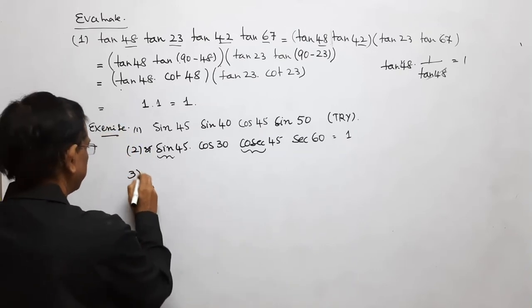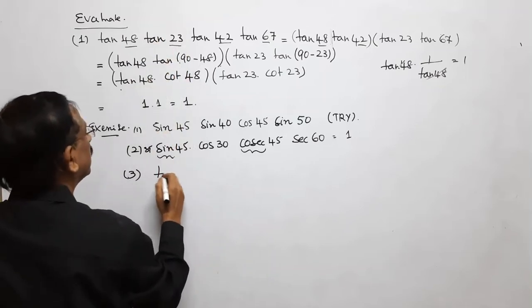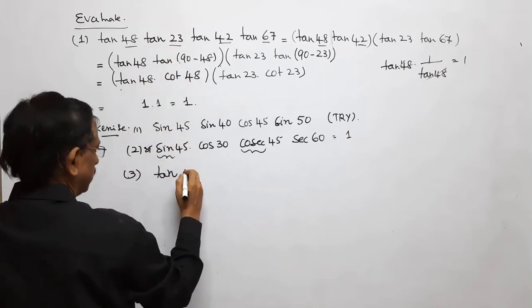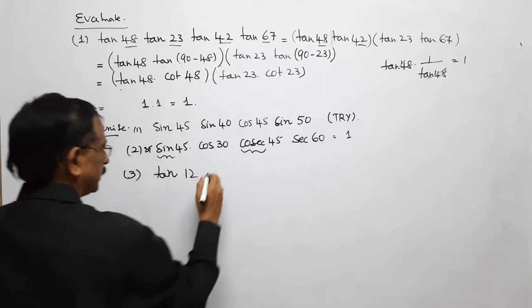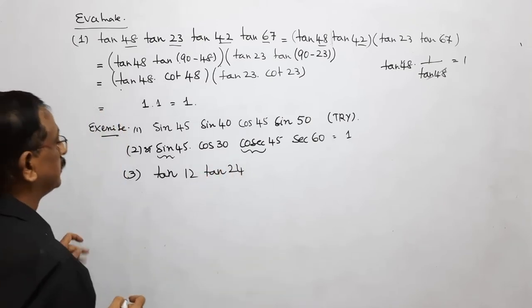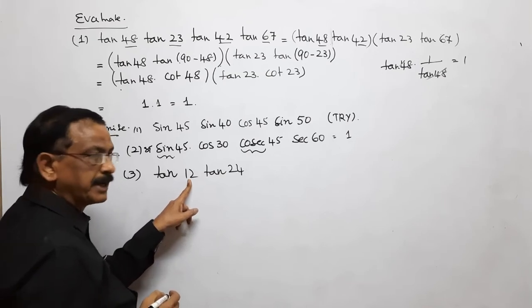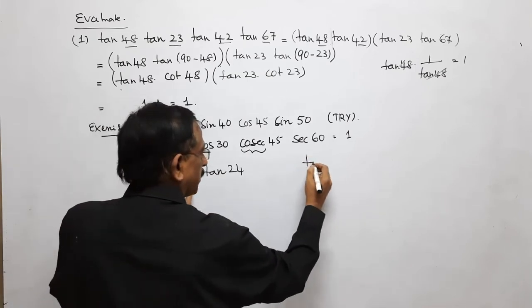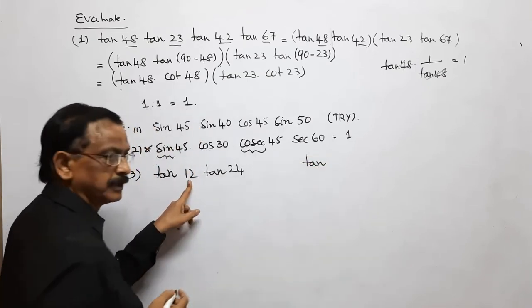And third, you can formulate one of your own. Let me write down tan 12, tan 24. Now I want to write down the complementary angles for these.